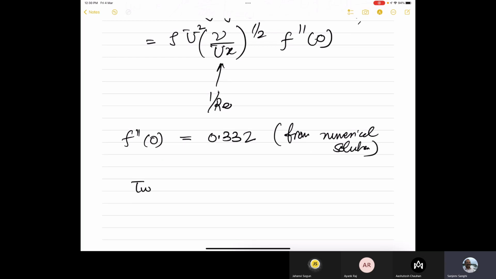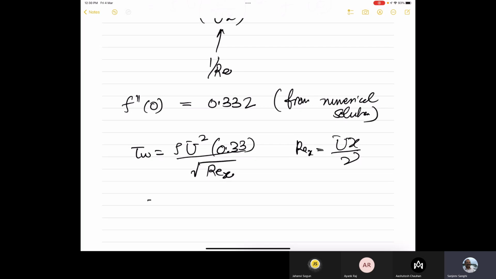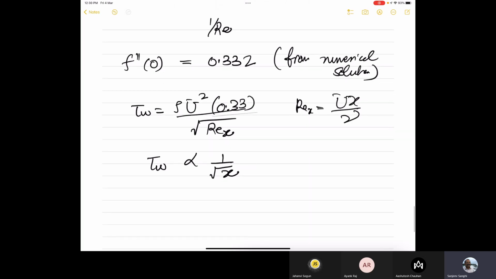So that means shear stress at the wall is equal to rho u square, divided by root Rex, where Rex is equal to ux upon mu. So what we find is the shear stress is proportional to 1 over root x.